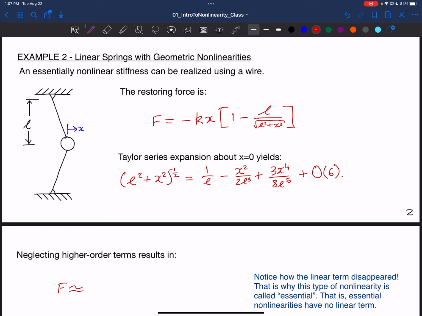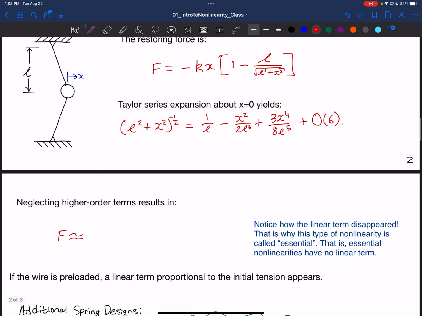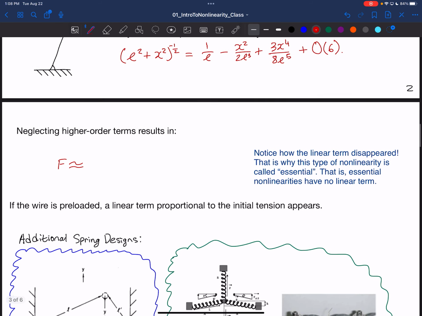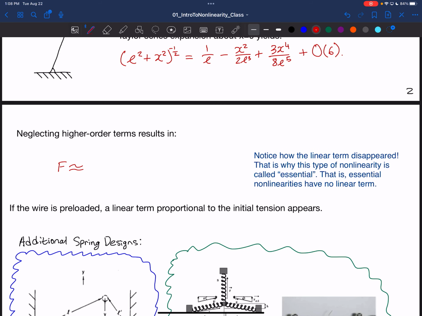Yeah, because we only have even ones here. What we're going to do here then is to neglect those higher order terms, and we will get 1 over 2L squared times KX cubed, which we can relate to the wires as being EA over L cubed X cubed.